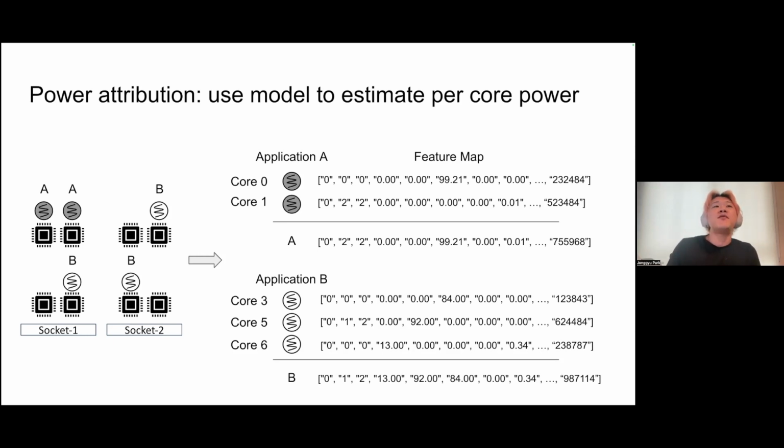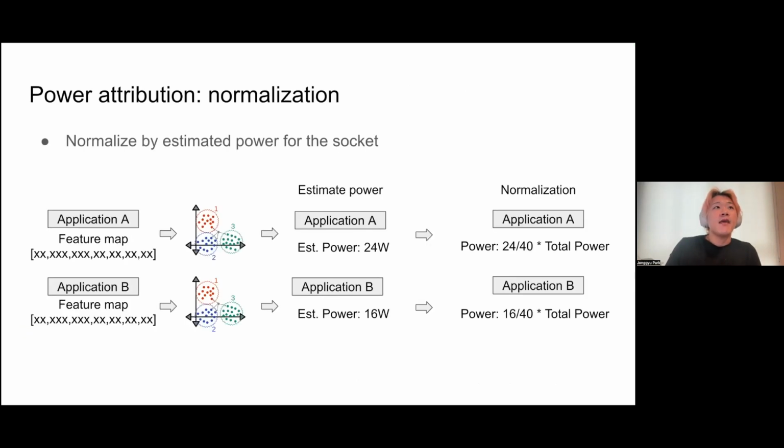Similarly, we do the same for all the applications that are currently running in the system, so that each application can have their own feature map, which describes the behavior of CPU activities used by the particular application. Afterward, we estimate individual application CPU power using their individual feature maps and the pre-trained CatBoost machine learning model. After that, we normalize the estimated per-application power by socket power.